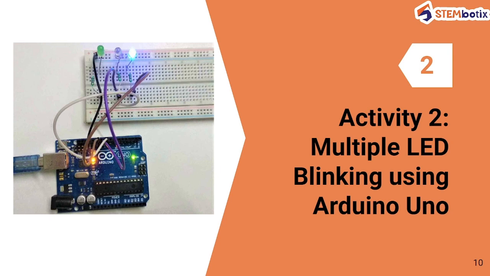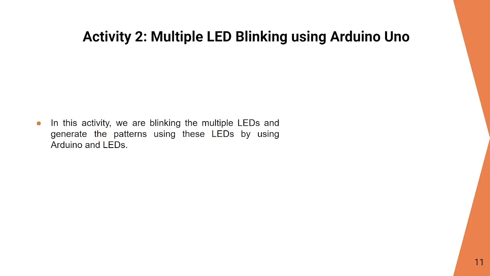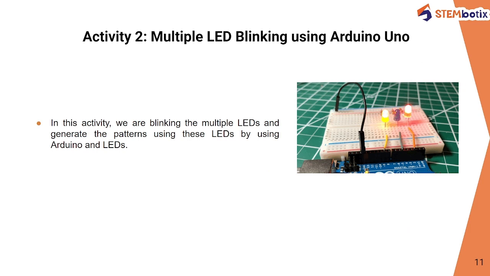Now let us move on to activity 2, which is multiple LED blinking using Arduino Uno. In this activity we are going to add multiple LEDs, meaning more than one LED, with the same microcontroller, Arduino Uno. The only difference is that we have more than one LED here.